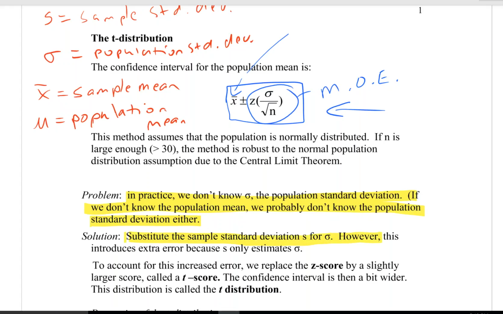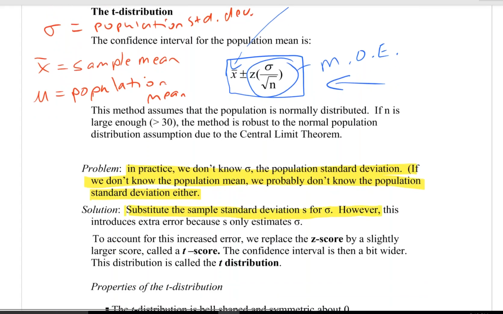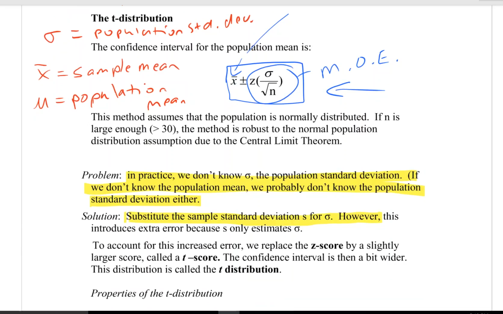So that's all fine and good, but the problem is this introduces extra error because S is only an estimate of sigma. So we're going to use a fix for this. To account for this increased error, we are going to replace the z-score by a slightly larger score called a t-score. And then the confidence interval becomes a bit wider.